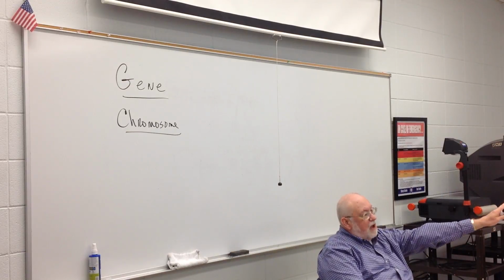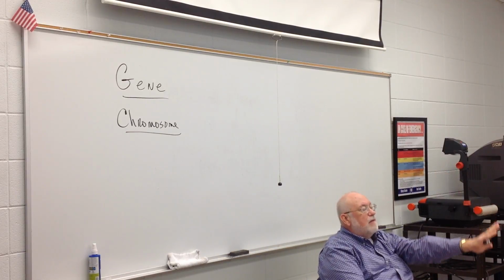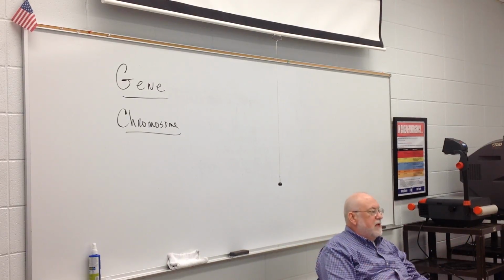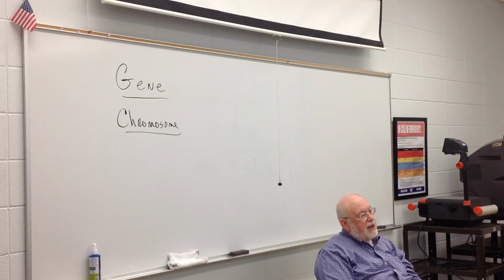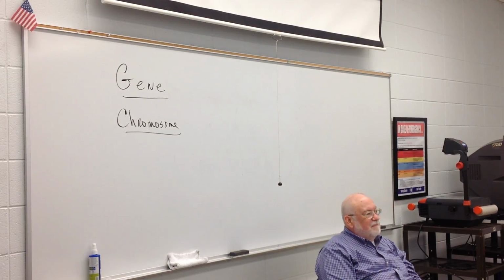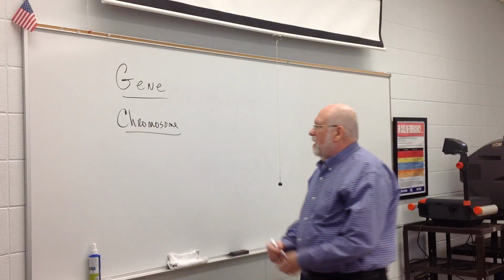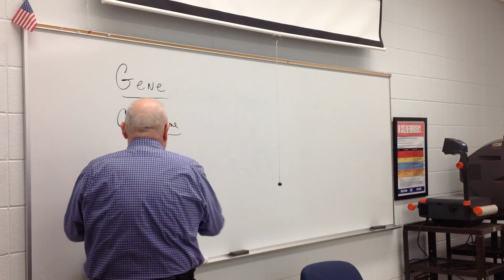So genes code for proteins, sequences of genes organized into what we call chromosomes, and as well we know how many of those chromosomes did we find in human somatic cells. 46, right. All right. Now, there we go.